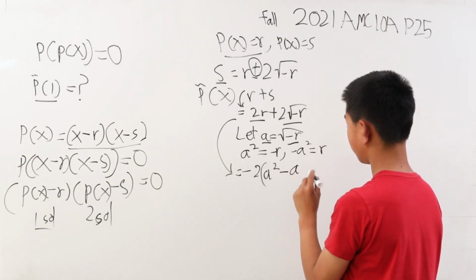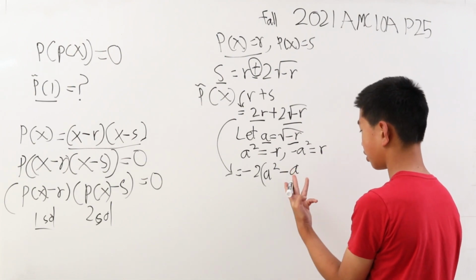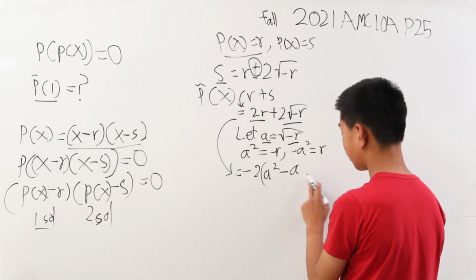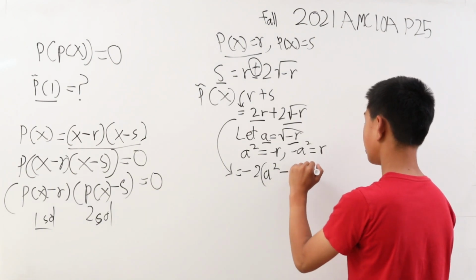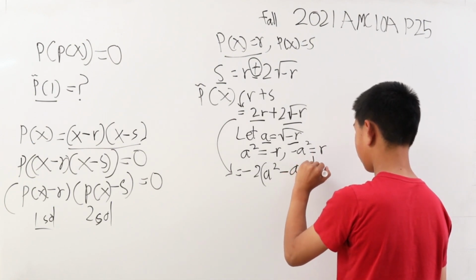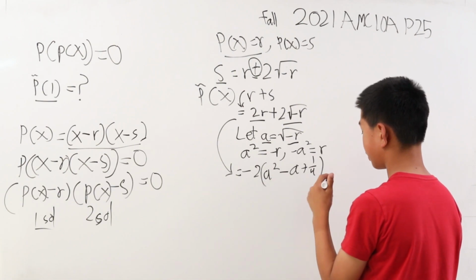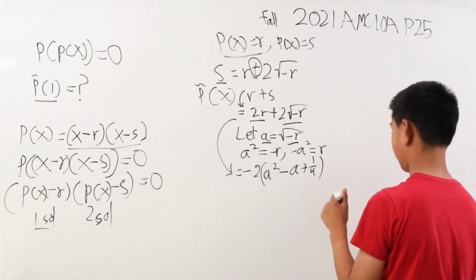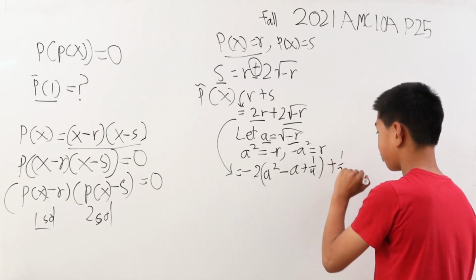Now, what we can do is we want to factor this into a quadratic. Well, one value that works here, the only value, is 1/2. So we subtracted here, we have to add 1/4. Negative 2 times 1/4, that's basically subtracting 1/2. So now we have to add 1/2 to keep the value the same.